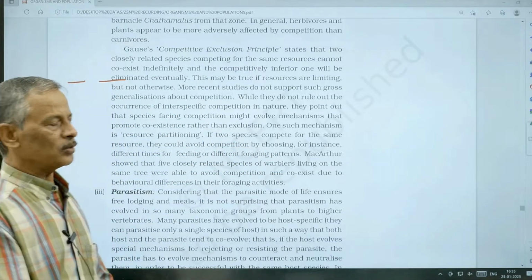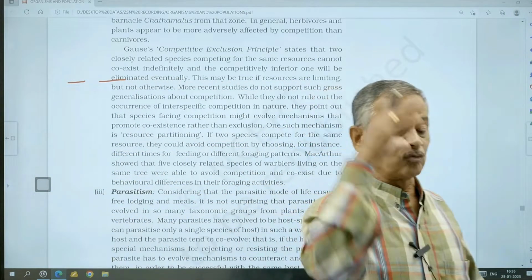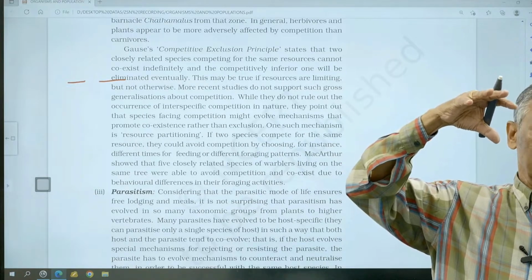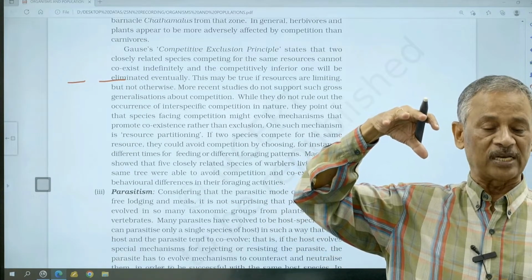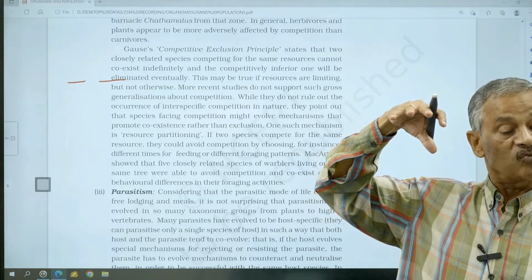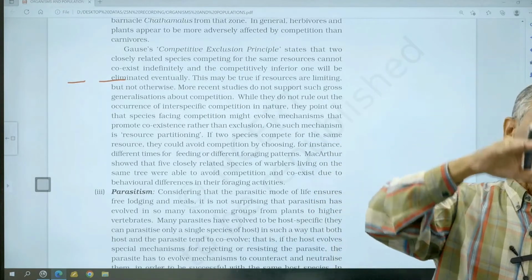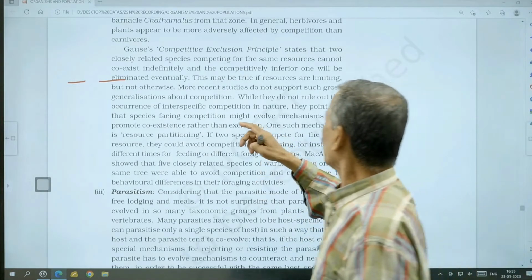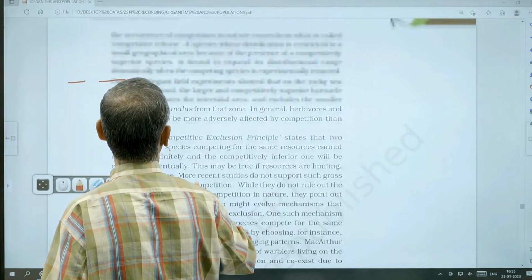Another important phenomenon is that because of competition, the superior will dominate an area, and an inferior, less adapted, smaller population will be confined to a narrow area where there is no influence by the dominant one. That is shown by the experiment of Connell.